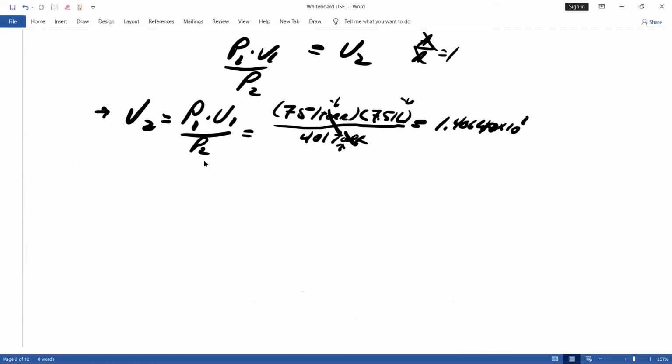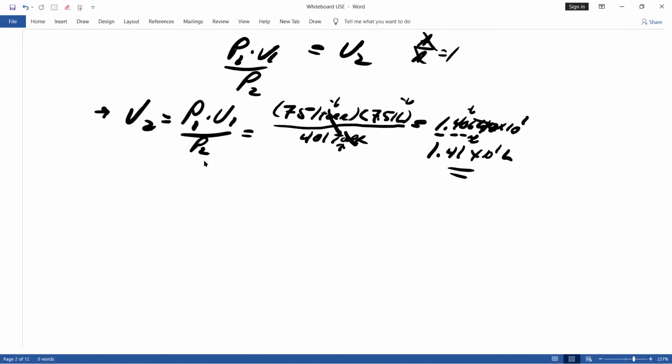If I round this off, I want three significant figures. Keep the 1, keep the 4, keep the 0. Use the 6 to round off. That's 5 or greater. Drop all this, increase this by 1. 1.41 times 10 to the first liters.